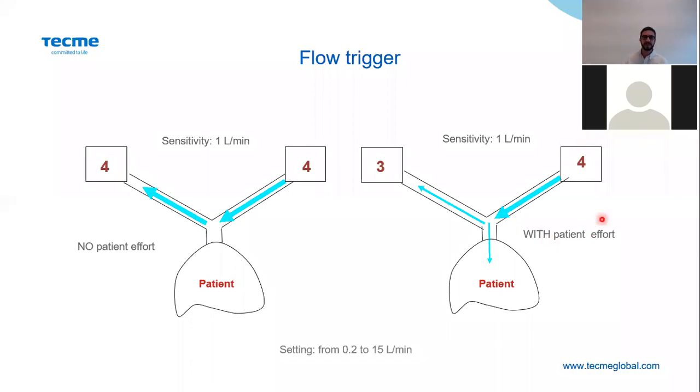But if there is a patient effort, what does it mean? That the patient is trying to start the inspiratory phase. So in this case, for example, the base flow will be 4 here, the patient will take 1 liter per minute, and in the expiratory port, the ventilator will read 3. So what does it mean?